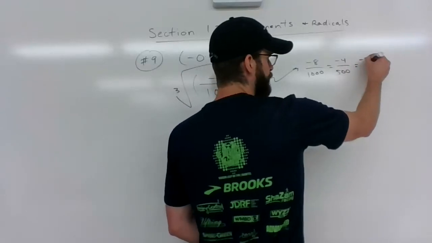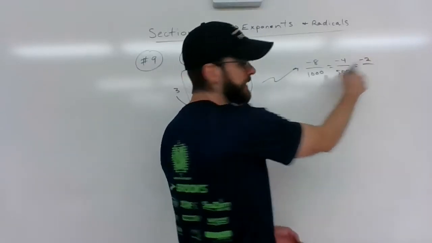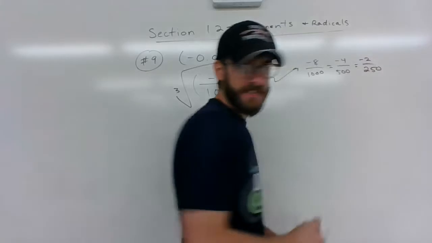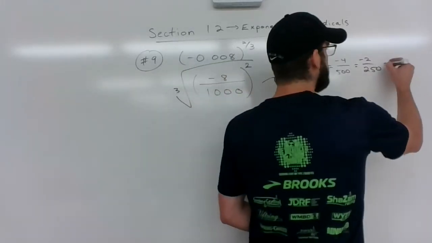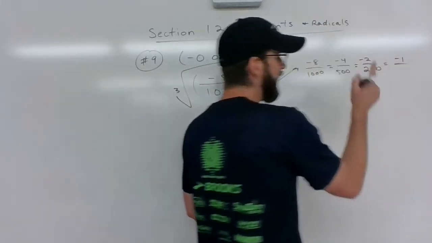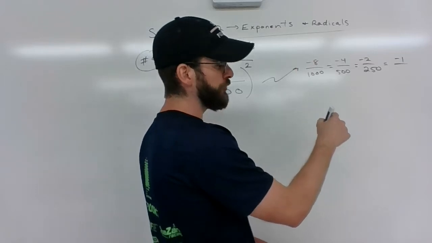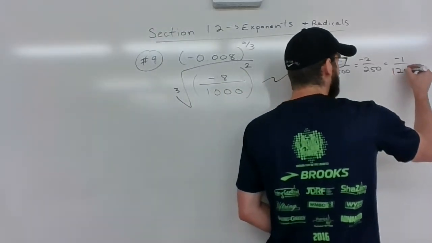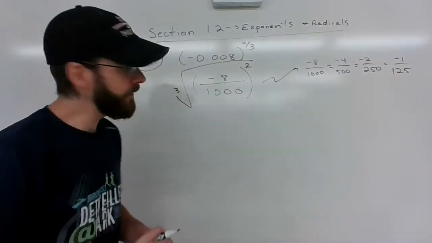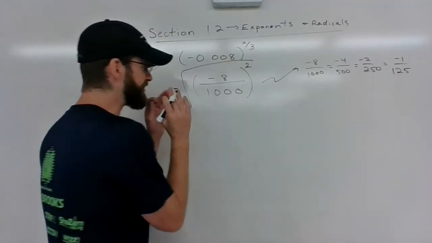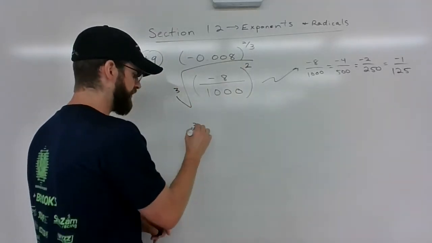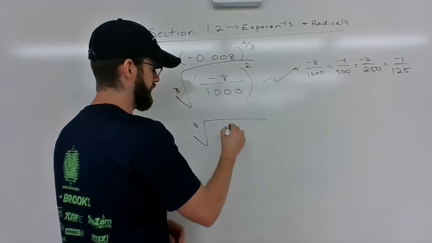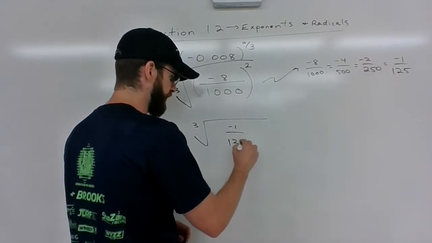Half of 4, 2. Half of 500, 250. Still both even. Keep it going. Half of 2 is -1. Half of 250 is 125. All right. So inside of the square is the cube root of -1 over 125.